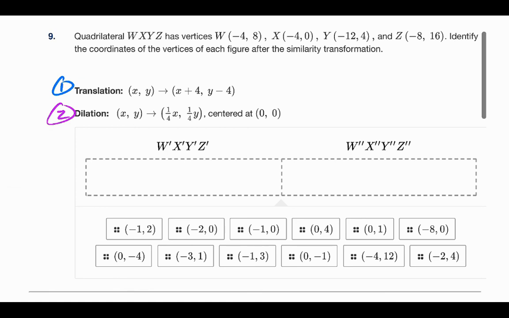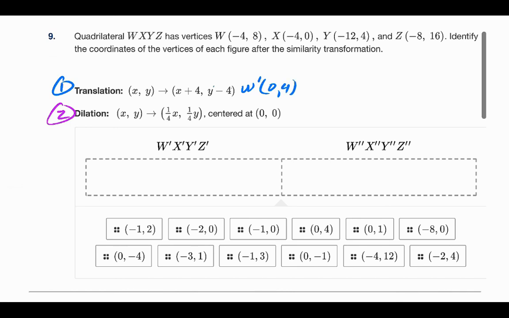So on our first one here, I'll just do one of them, and then I'll write the other ones down so I don't waste a lot of your time. So we're going to have W, and again, W prime. So -4 plus 4 is going to give us 0, and 8 minus 4 is going to give us 4.